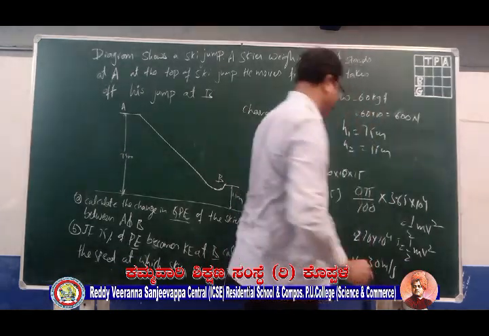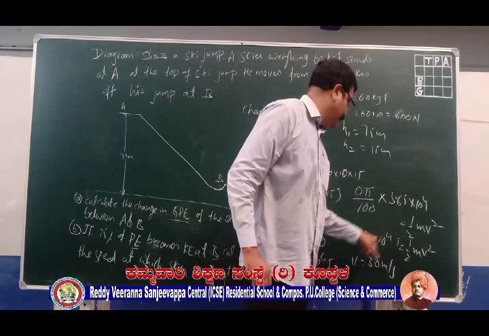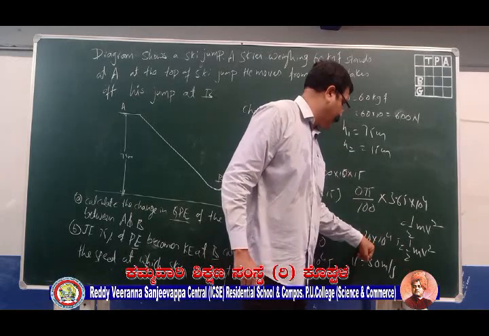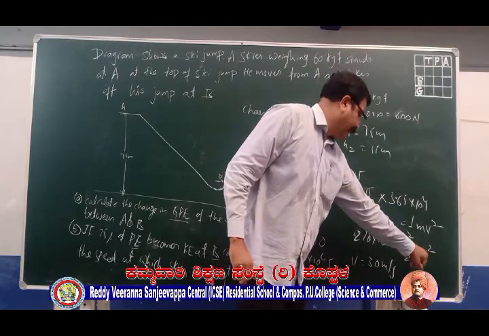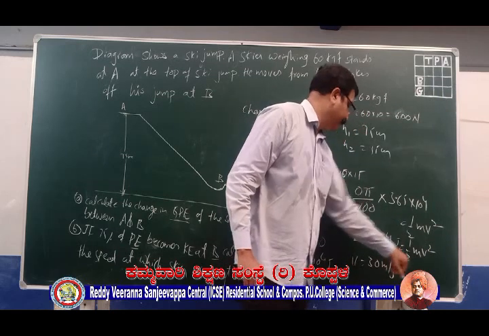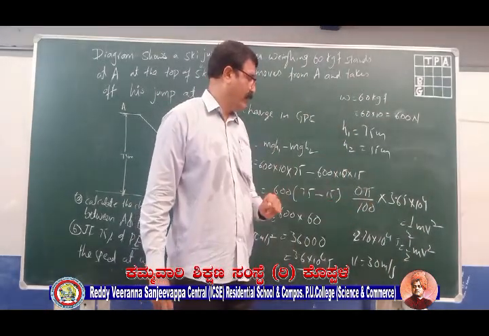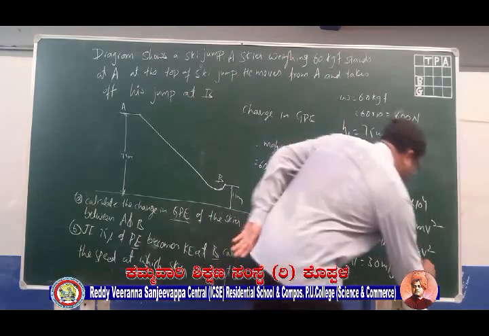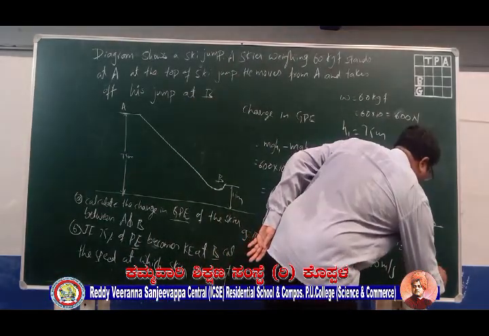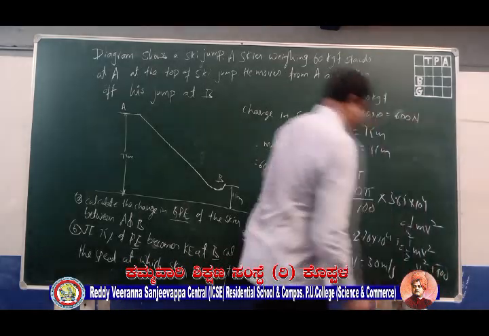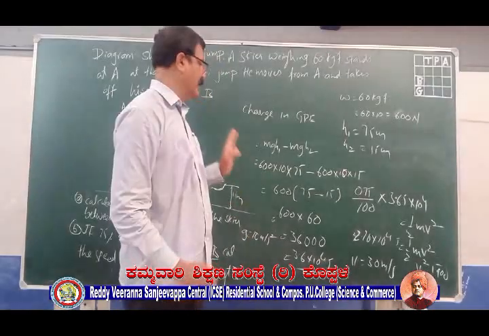You can calculate, it's a simple calculation. You just cross multiply 2.7 into 2 and divide it by m, and square root it. You get v square is equal to something like 900. Therefore v will be 30 meter per second.